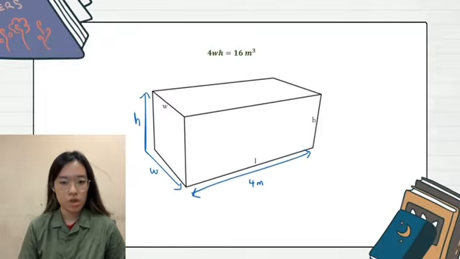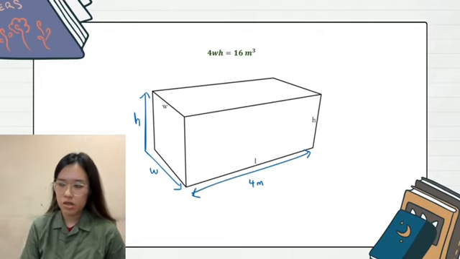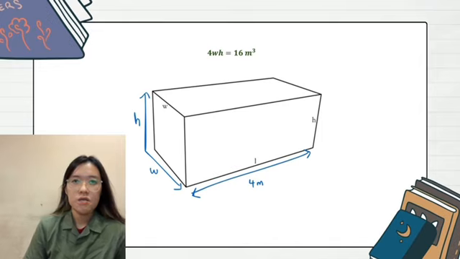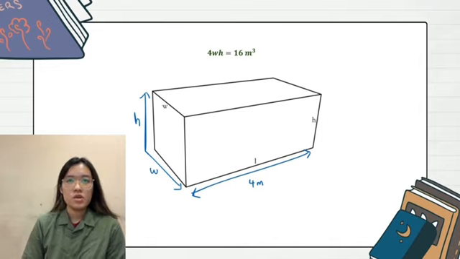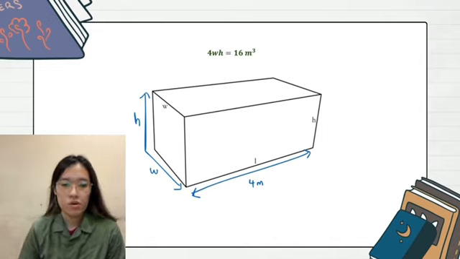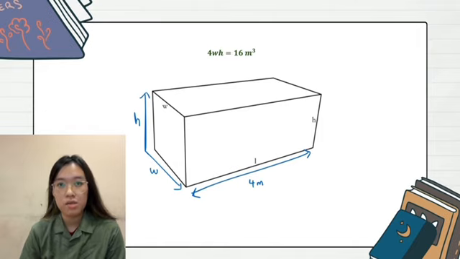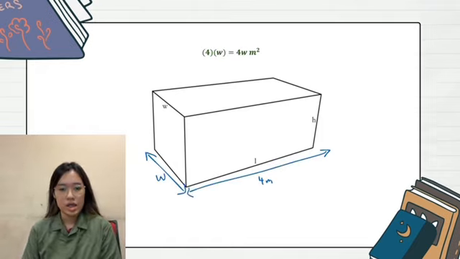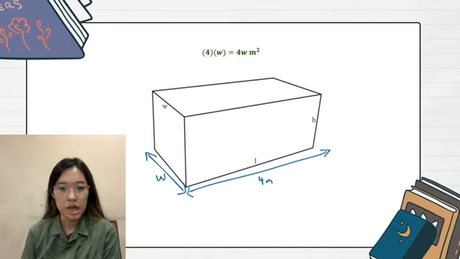So here is a general visualization of how the equations will look in a diagram. This is the first one, the volume, for the equation of 4WH equals 16 meter cube. Moving on to the next diagram, this is the diagram for the base area.